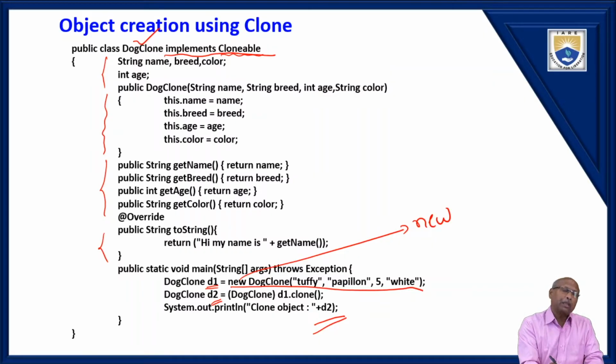That means the toString method will be called automatically. When you write D2, whatever the values are there will be printed through the toString method. So toString will be called when you try to print an object. So this is the way the cloning method is generally used to create a new object.